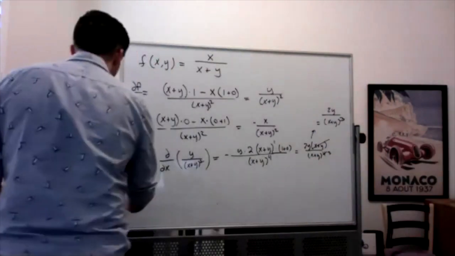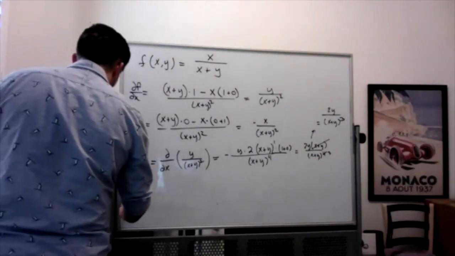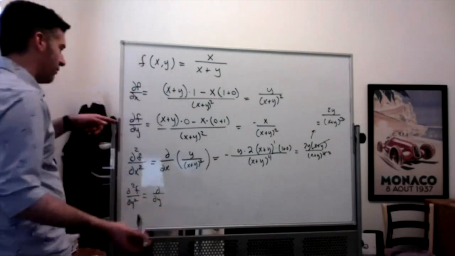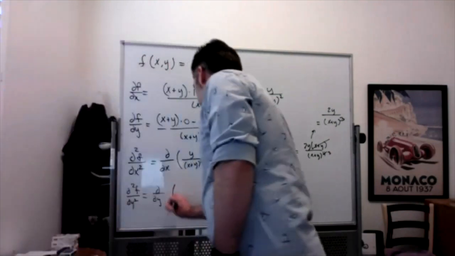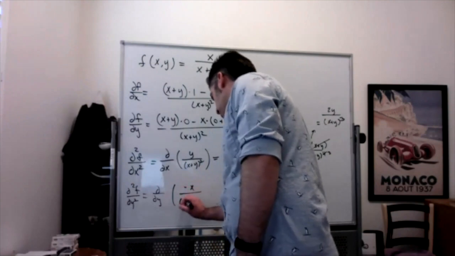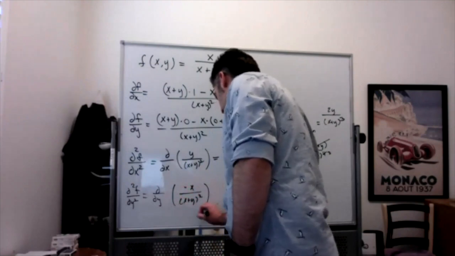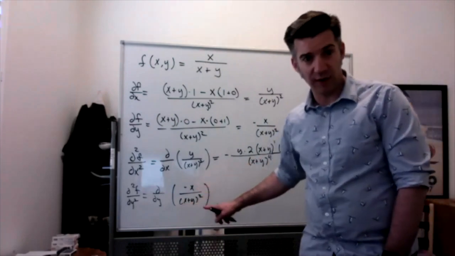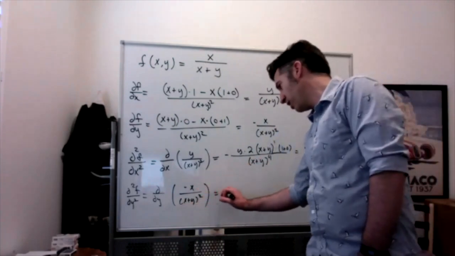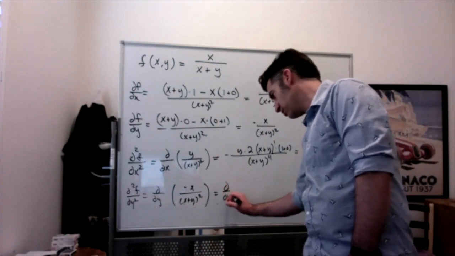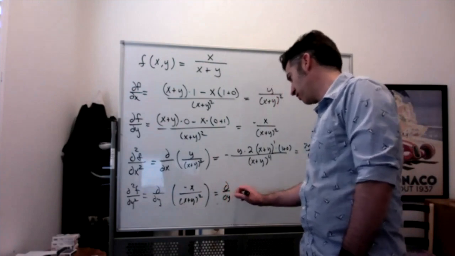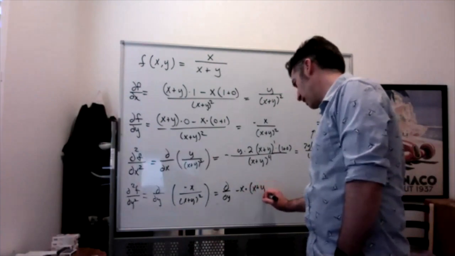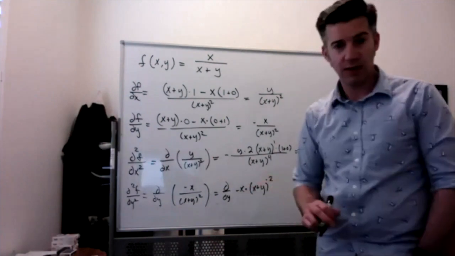If I'm going to find del squared f del y squared, it's del y of del f del y, which is negative x over (x plus y) squared. Since x is a constant, this is the only thing that's really functional. It would probably be in my interest to write this as the derivative of negative x times (x plus y) to the negative second.